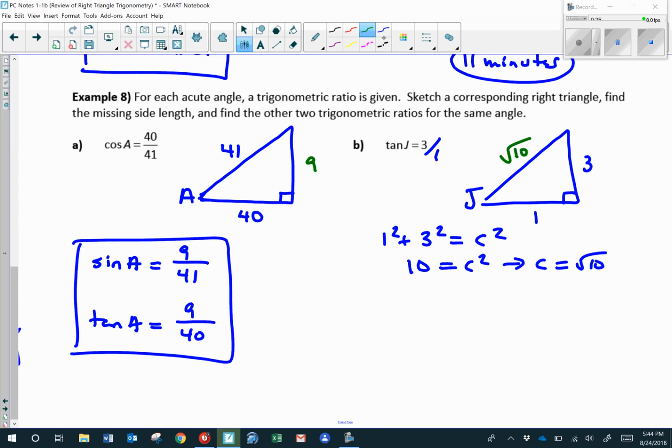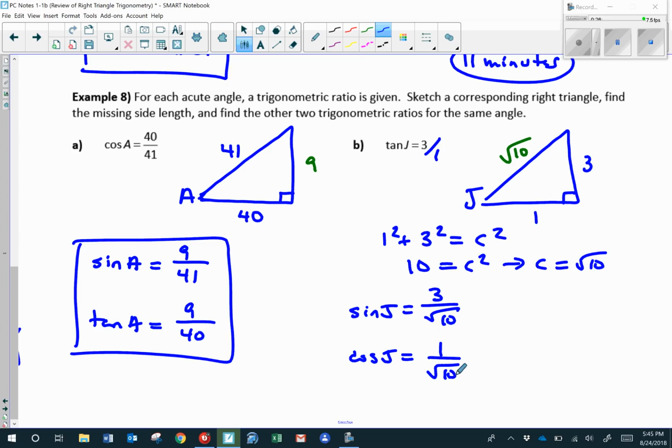And so now we're looking for the sine of angle J and the cosine of angle J. Sine of angle J is opposite over hypotenuse, and cosine of angle J is adjacent over hypotenuse.